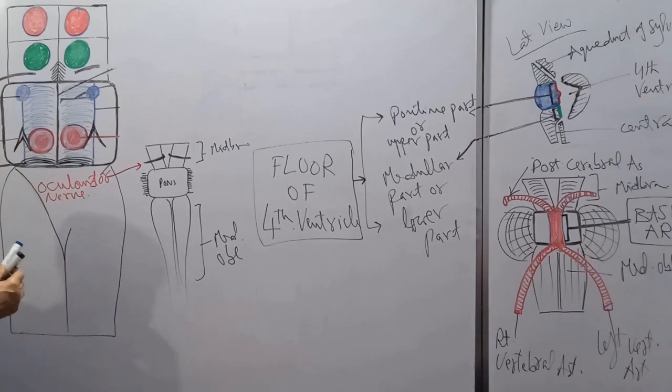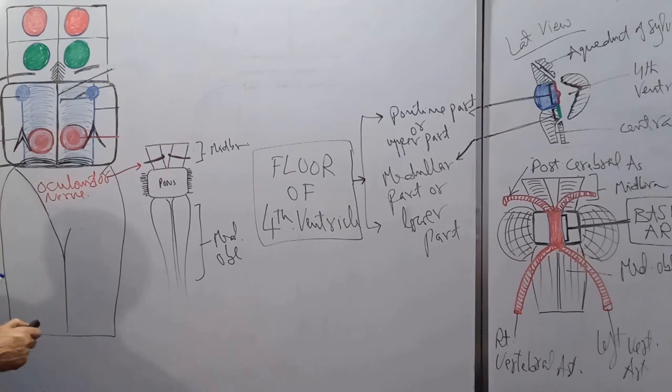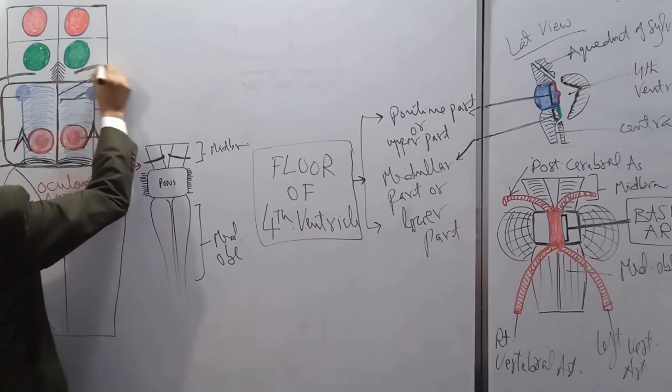It is attached to the ventral surface of the midbrain, emerging from the medial surface of the right crus and left crus. Then the trochlear nerve, which is the fourth cranial nerve, in this diagram you can see is attached to the posterior surface of the midbrain.